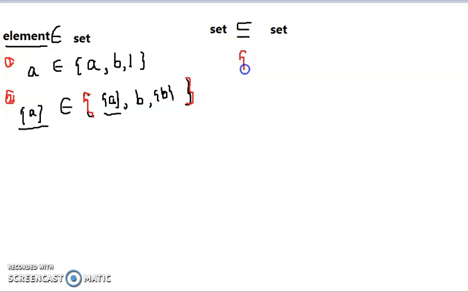Whenever we use the subset symbol, it has to be two sets. This is a set, and when we talk about the subset symbol, we are only going to look at the members or elements of this one.